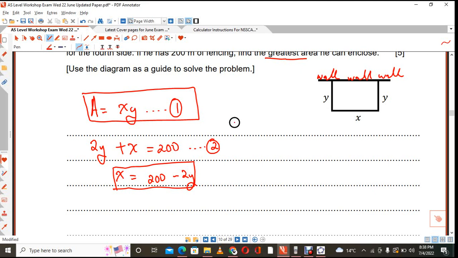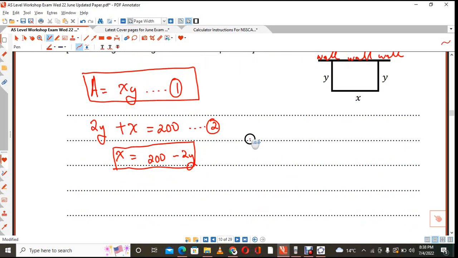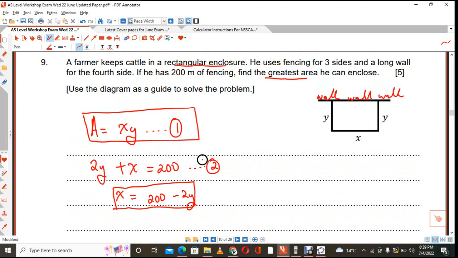So in a nutshell, I have this equation here, and I have that equation over there. So you are going to substitute equation 2 into equation 1, because we are looking for the greatest area that it can enclose. So what we're looking for is dA/dy.